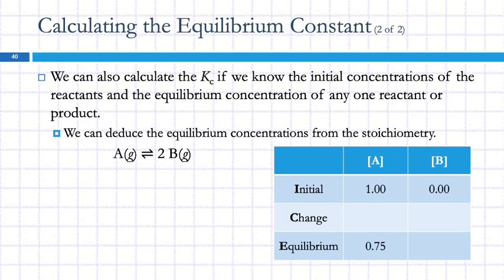We can also calculate the equilibrium constant if we know what the initial concentrations are and we know what the equilibrium concentration of any one of the reactants is. This is a more reasonable thing to do instead of trying to measure the concentrations of all the products. We can deduce the missing concentrations using stoichiometry.